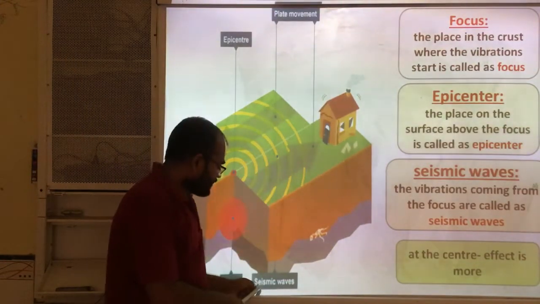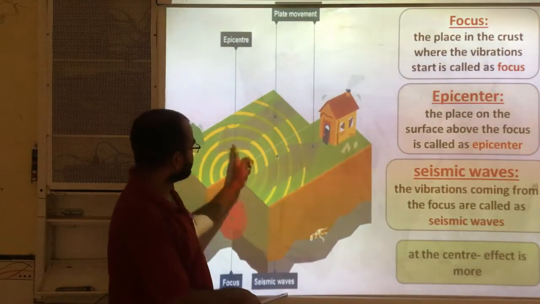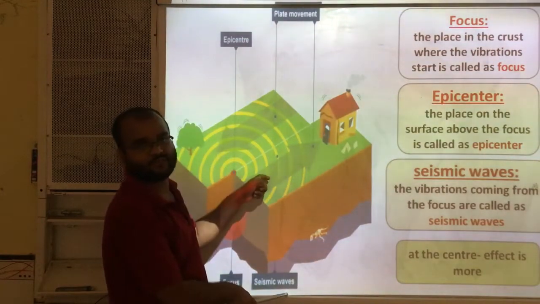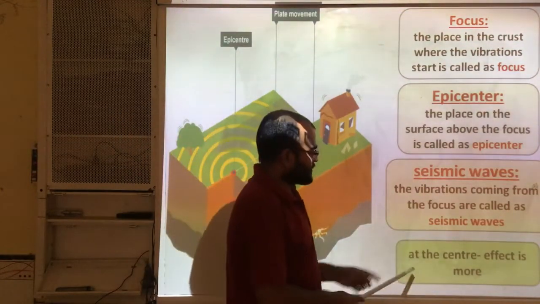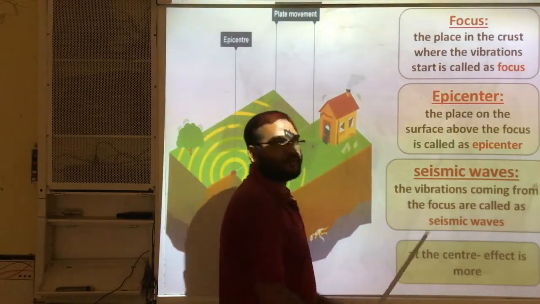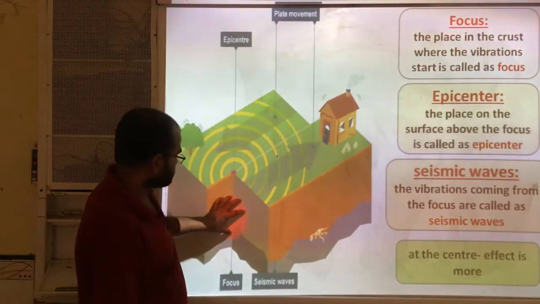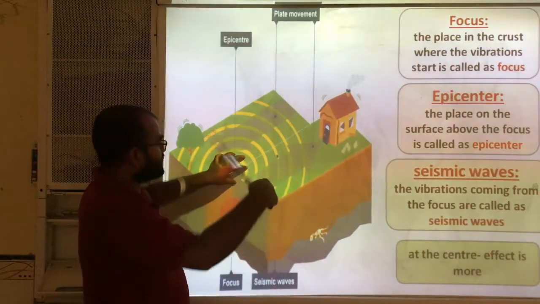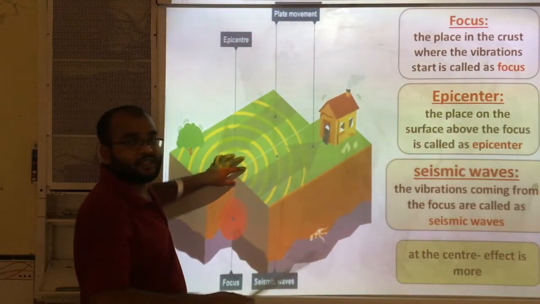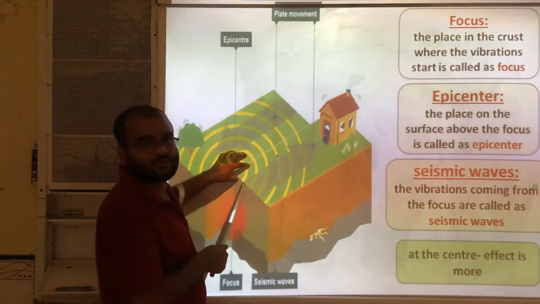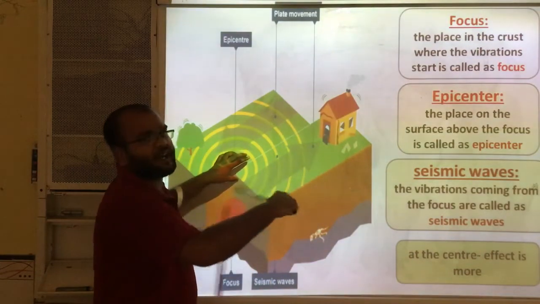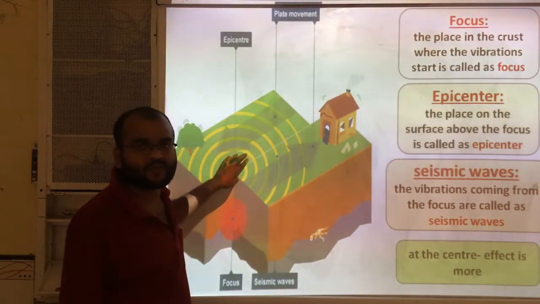That's why they are called seismic waves. You can see the waves. Next, at the center, the effect is more. At the center of these waves, the damage is more when we compare with the other places.